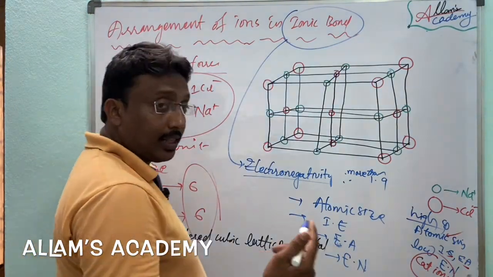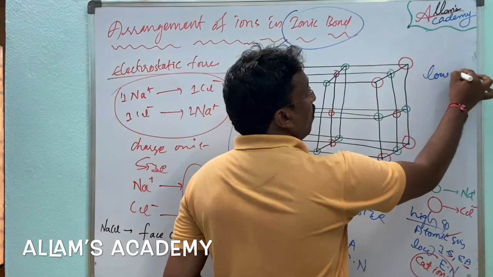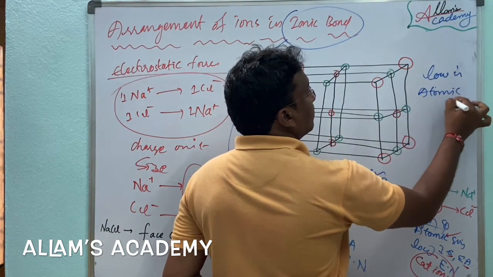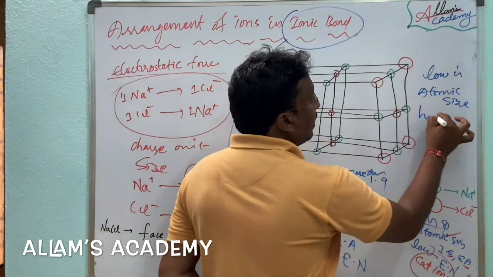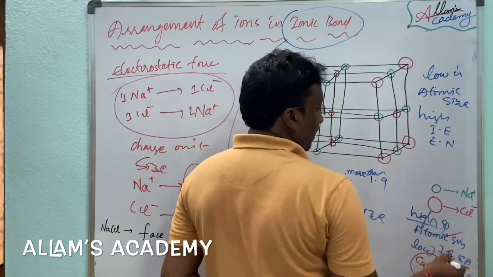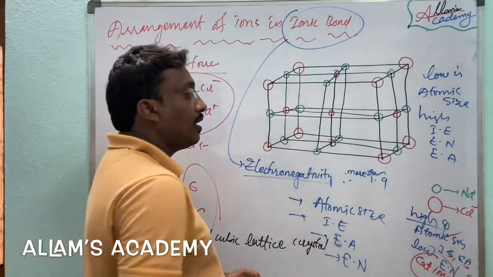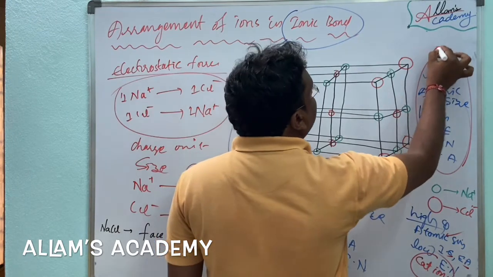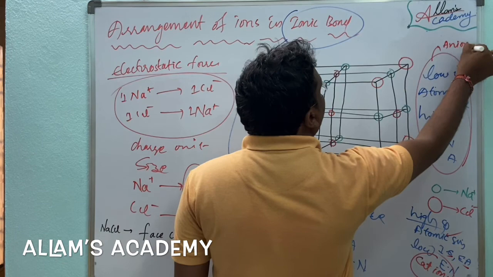Like that, atoms which are low in atomic size and high in ionization energy, electronegativity and electron affinity form anions. If an atom has these features, it forms an anion.